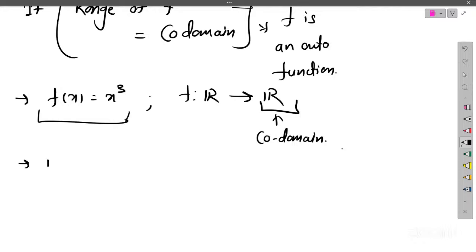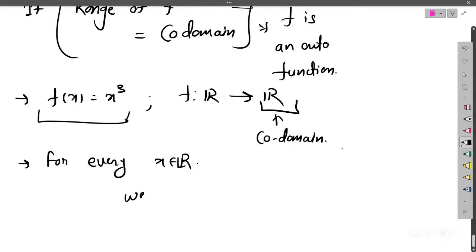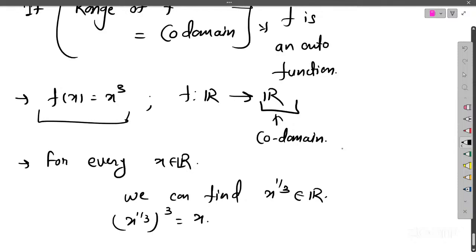Why? Because for every real number you can find its cube root, x to the power 1 by 3, which is a real number, and x to the power 1 by 3 cubed gives x. So that's why it is an onto function.